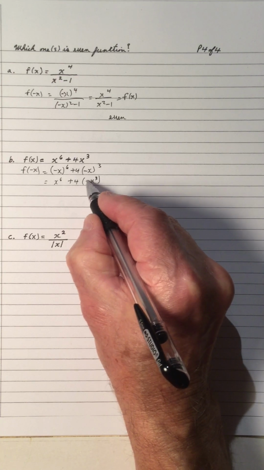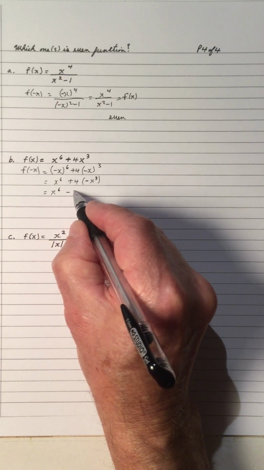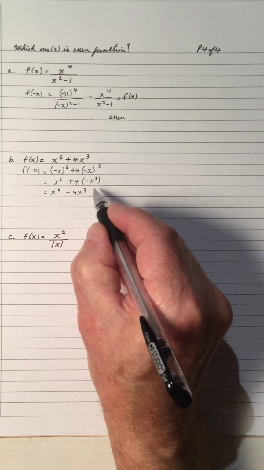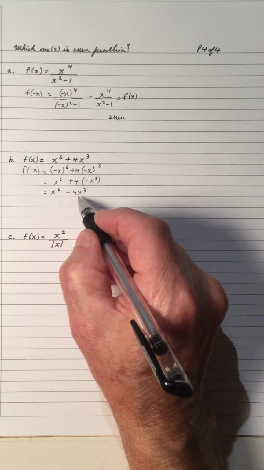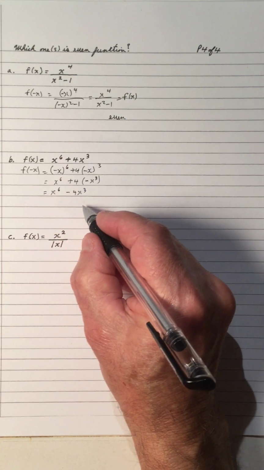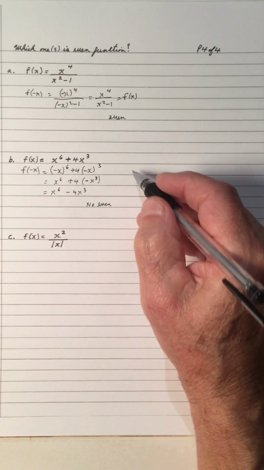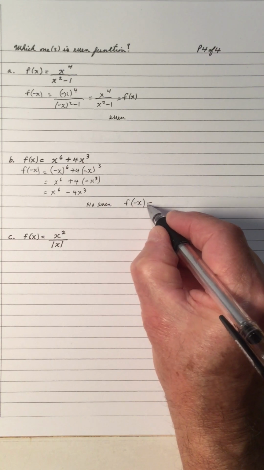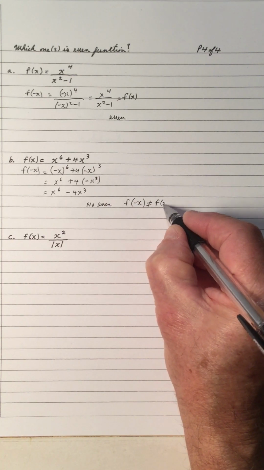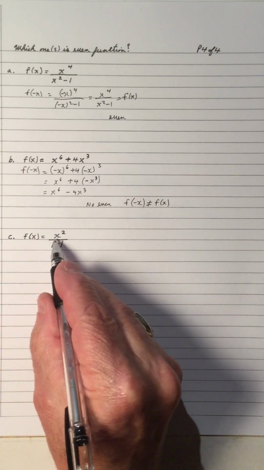So the power is still 3, but it's negative. So that gives us x to the sixth, subtract 4x cubed. So notice this is x to the sixth, but this is positive and this is negative. So it's not even, because the f of negative x is not equal to the f of x. So it's not even.